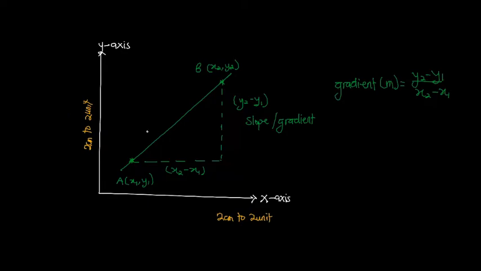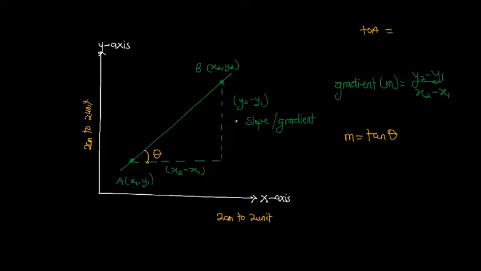If we use the same scale on both axes, then we can also calculate our gradient m to be equal to tan theta, where theta is the angle formed over here. So this angle over here is theta. So if we know the angle, we can find our gradient just by applying tan of the angle theta. Okay, so we know that tan, the abbreviation is TOA, so it's opposite over adjacent.